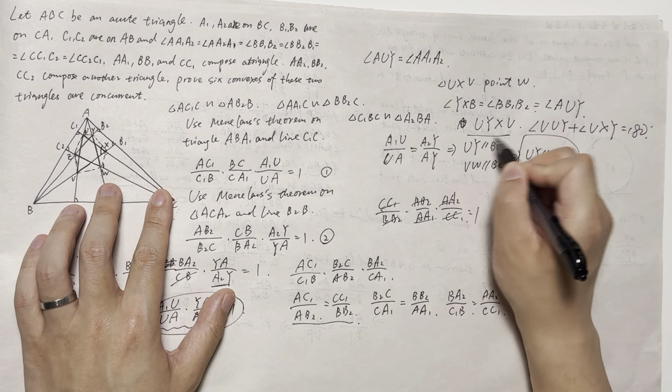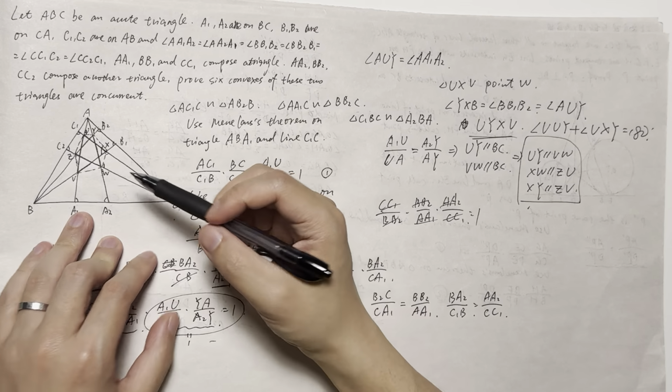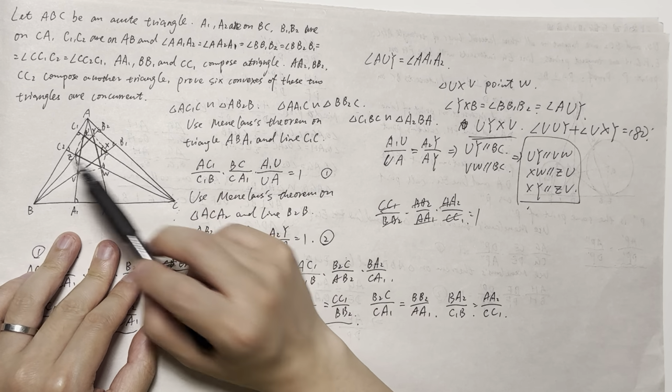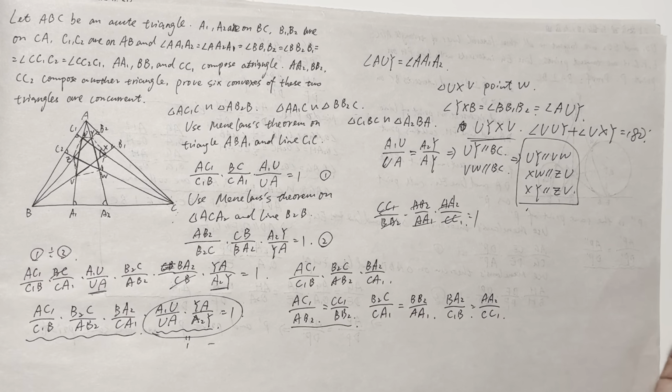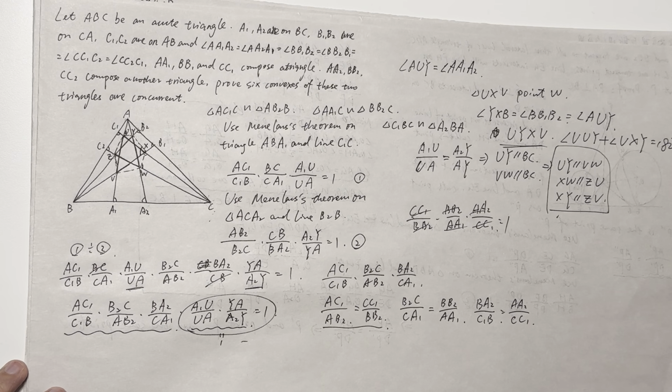So they are concyclic. Similarly, we can prove all other points of the W and Z are on the same circle. So this problem is not that difficult.